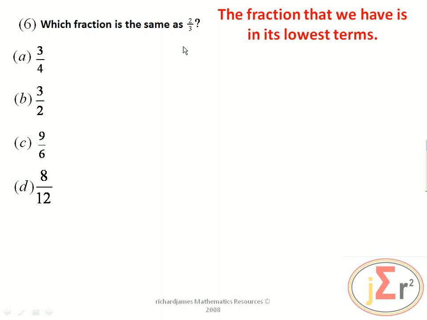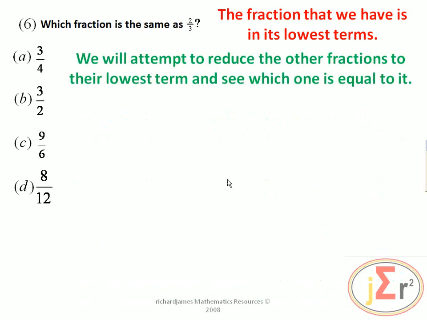So there's no way to write this fraction by using smaller numbers. The numbers that we are using right there are the smallest numbers that we can use to represent this fraction. So we will attempt to reduce the other fractions to their lowest terms and see which one is equal to 2/3.